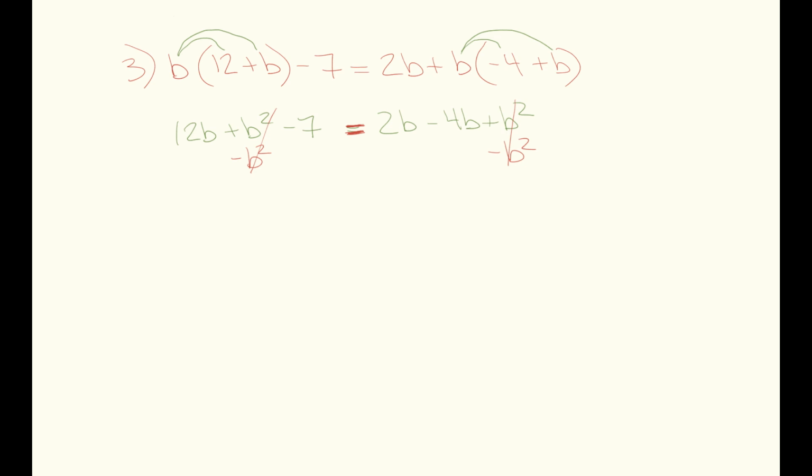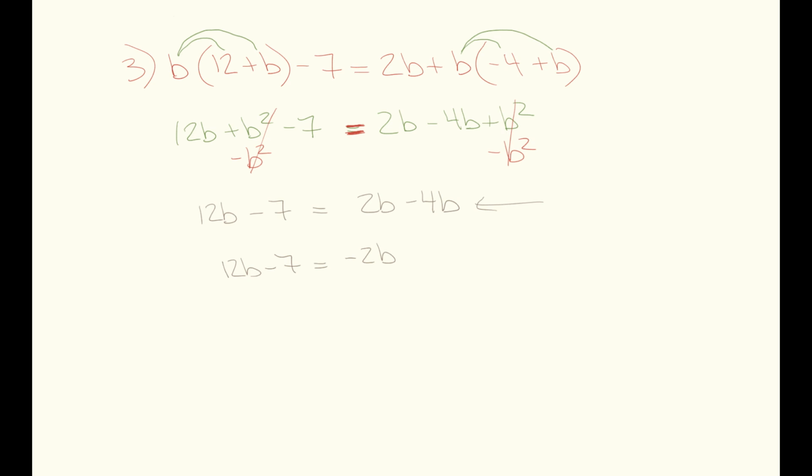I'm going to rewrite to make it a little cleaner. 12b minus 7 equals 2b minus 4b. So before I start moving my b's around, I'm going to simplify this right here. I'm going to combine those terms. So I've got 12b minus 7, and then 2b minus 4b would give me a negative 2b.